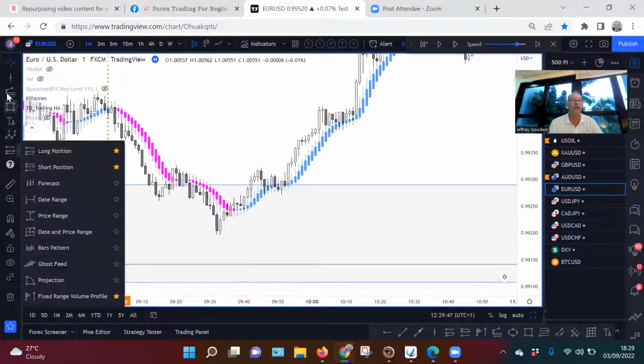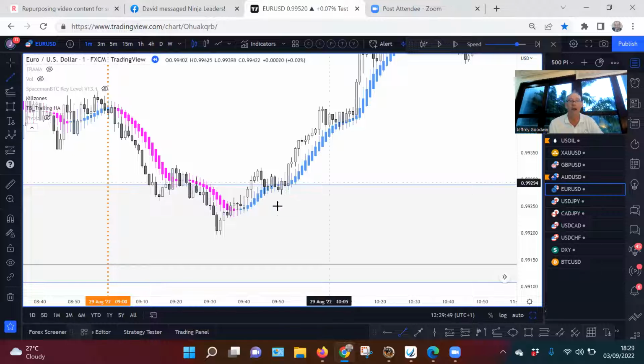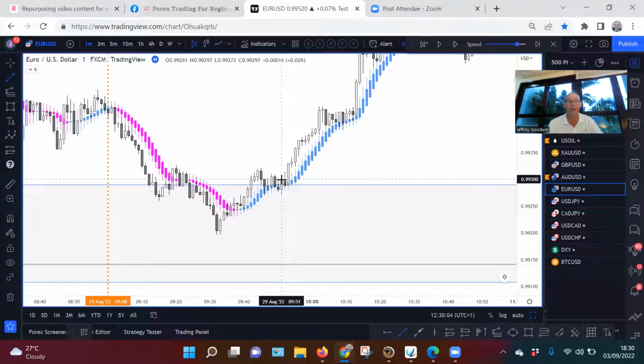What I do is wait for it to go above, pull back, ideally to the other side of this. So there's the low, and as soon as price goes above there, that's the stop loss.